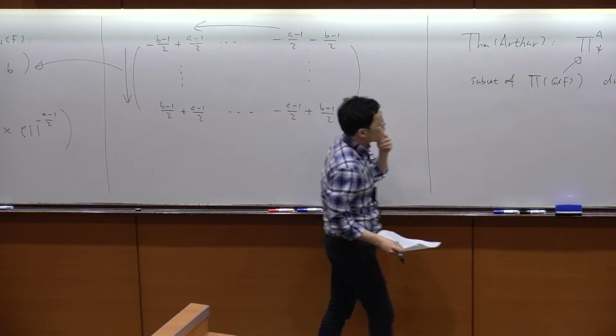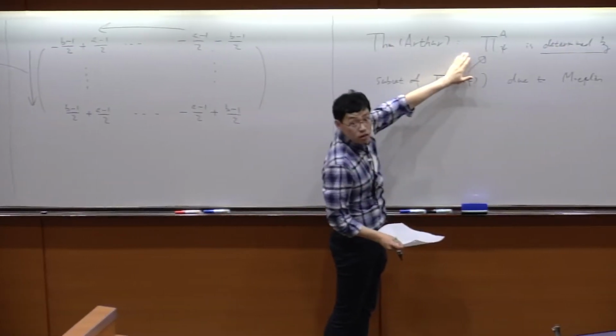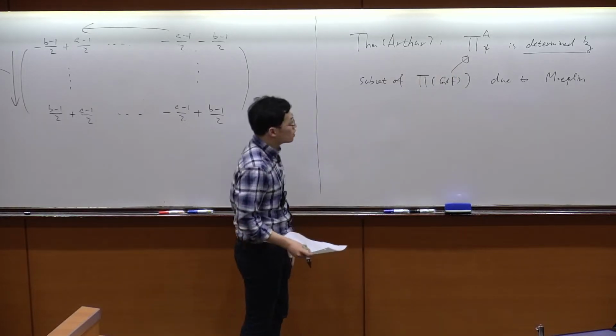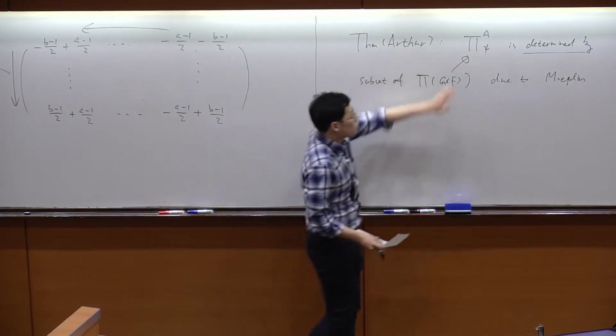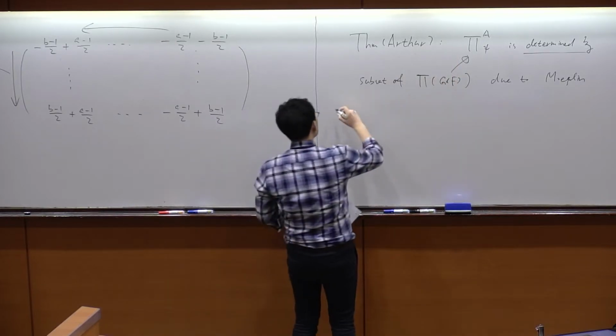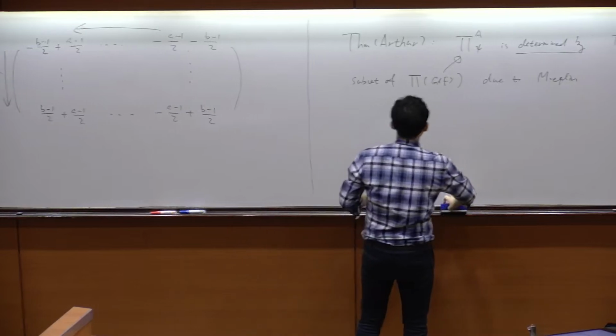And to be able to say what's inside there, first we need to be able to parameterize the representations so that we can talk about what kind of representation will be in this packet. Okay.